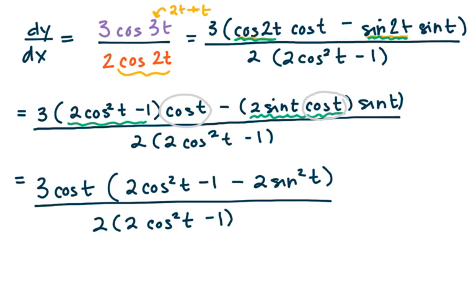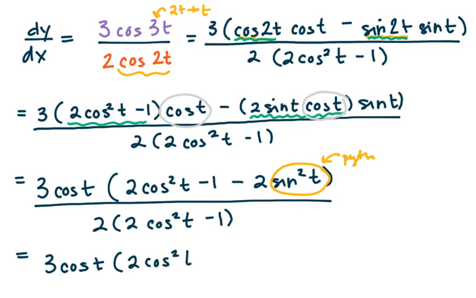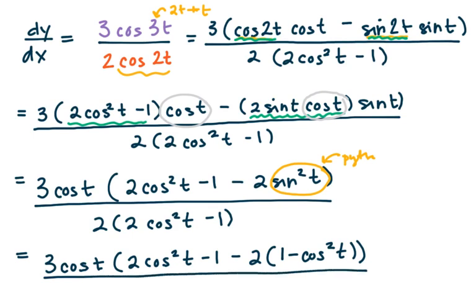I do know an identity, and since I see that I have all cosines and just this one sine, I might use a Pythagorean identity. So remember, sine squared t will be equal to 1 minus cosine squared t. So here I have 3 cosine t times 2 cosine squared t minus 1 minus 2, and sine squared is 1 minus cosine squared t. All of this will be over 2 times 2 cosine squared t minus 1.